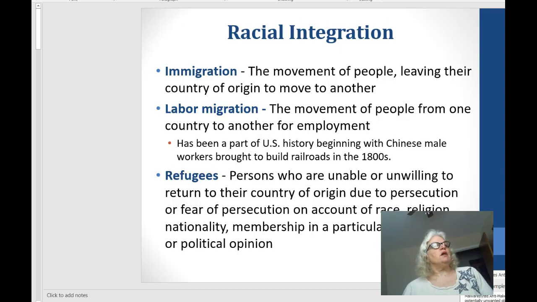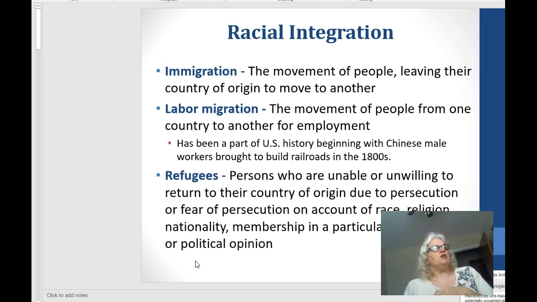So racial integration is tied to immigration, and that's the movement of people leaving their homes of origin or moving to another. It's tied to labor migration, and that's the population of people who move from one country to another for employment.